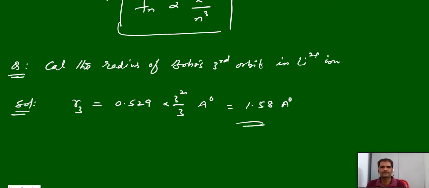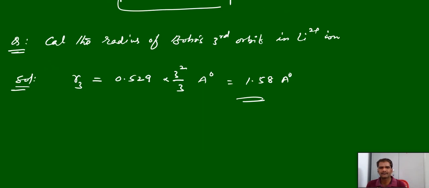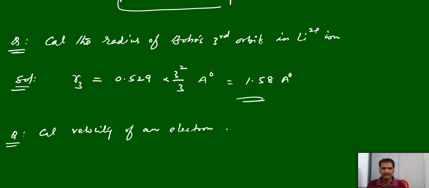One question with respect to energy or with respect to velocity. Calculate the velocity of an electron placed in the third orbit of the hydrogen atom.